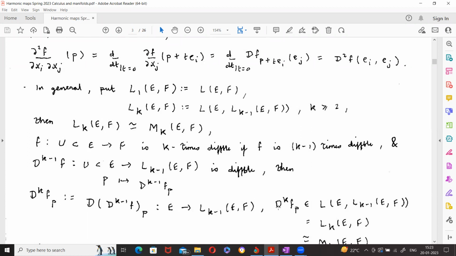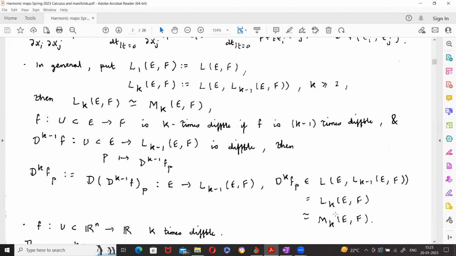In other words, D^K F at P will be in the space L(E, L^{K-1}(E, F)). That is by definition L^K(E, F), and that is identified with M^K(E, F). So in this way, the Kth derivative is identified with a K multilinear map from E to F.